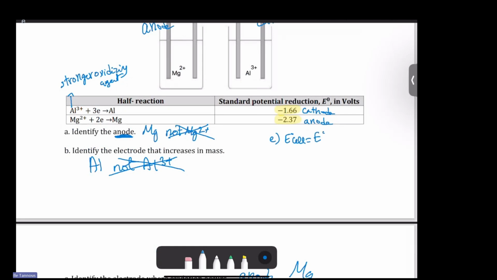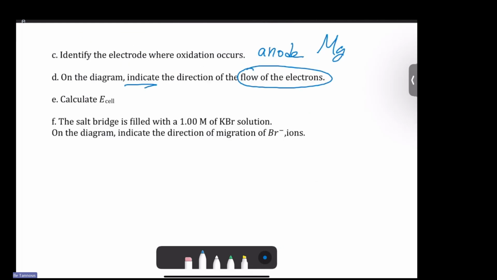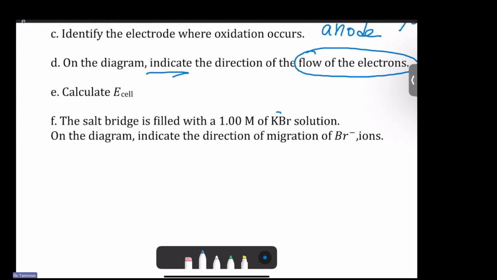Oof, I said it wrong. E cathode minus E anode. So it is negative 1.66 minus negative 2.37. So the answer is 0.71 volt.